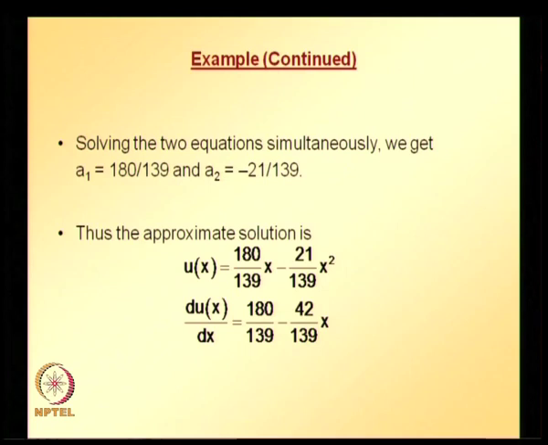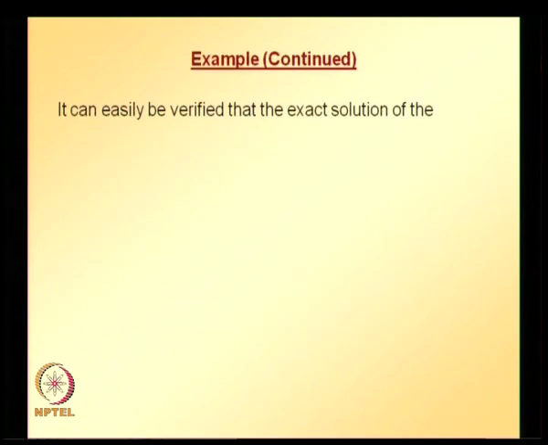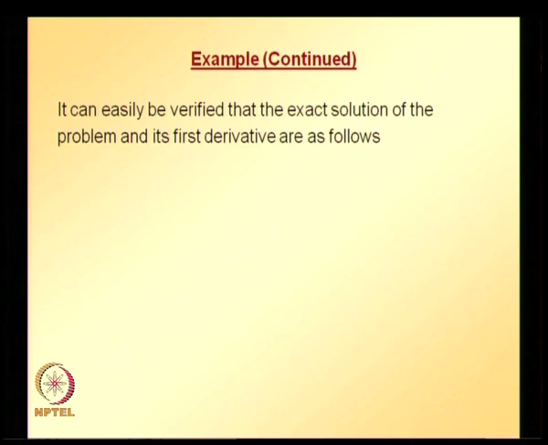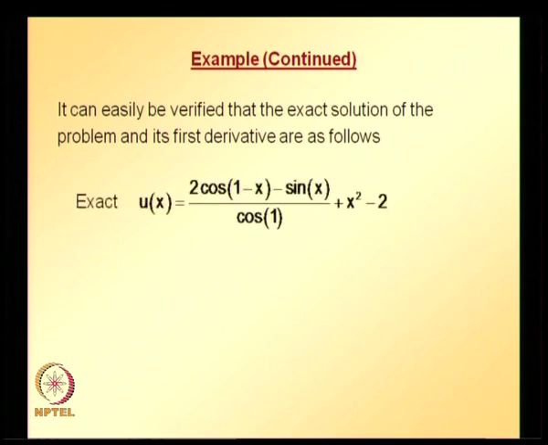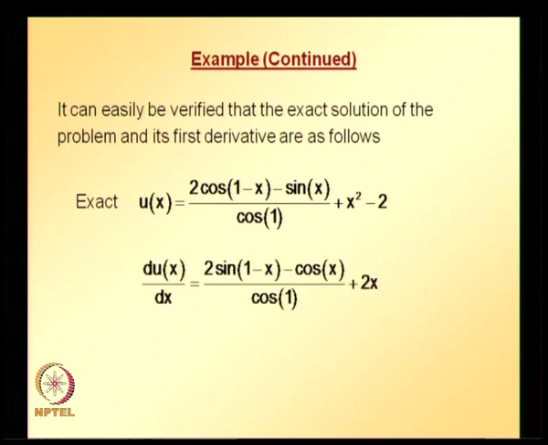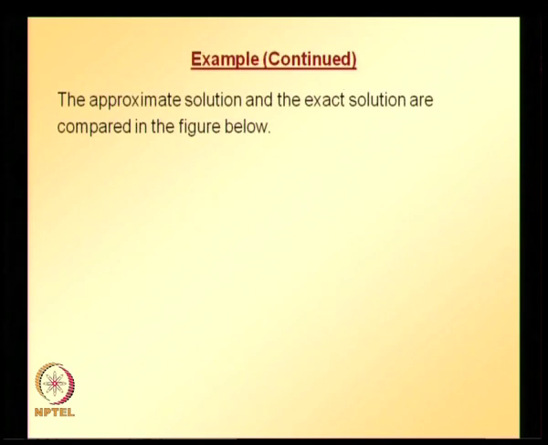So now, as I mentioned, the exact solution for this particular problem can easily be verified. This is the exact solution, and also from here if you take the derivative with respect to x, you will get the first derivative. So now you have the approximate solution and also the exact solution for this problem, and let us see how they match.